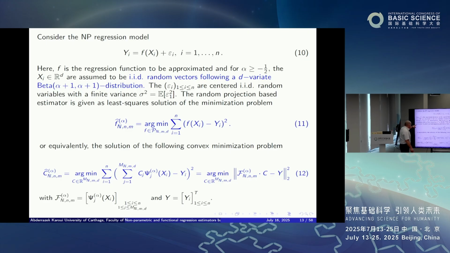This minimization problem is converted to a minimization problem over R to the power of the dimension of our projective spaces. We use the ordinary least squares algorithm to find the solution of this minimization problem.